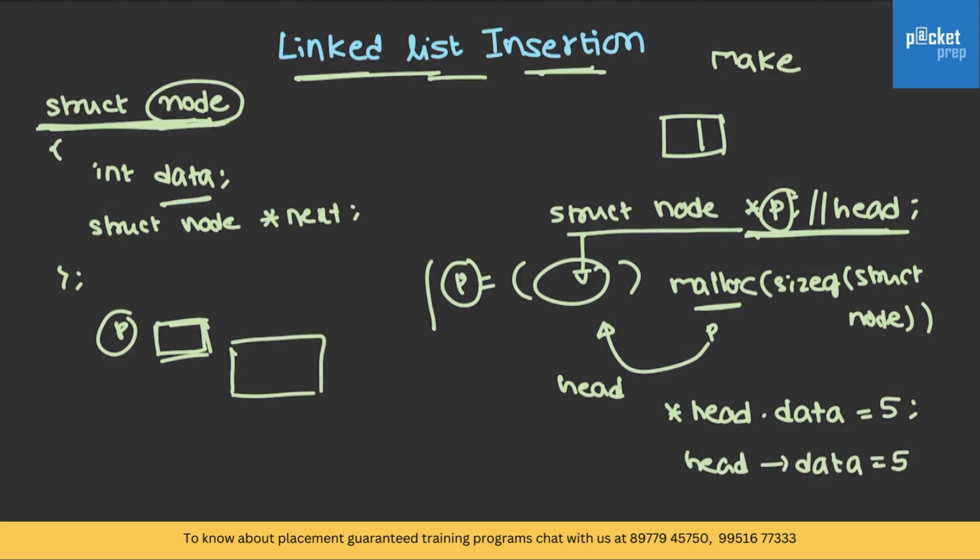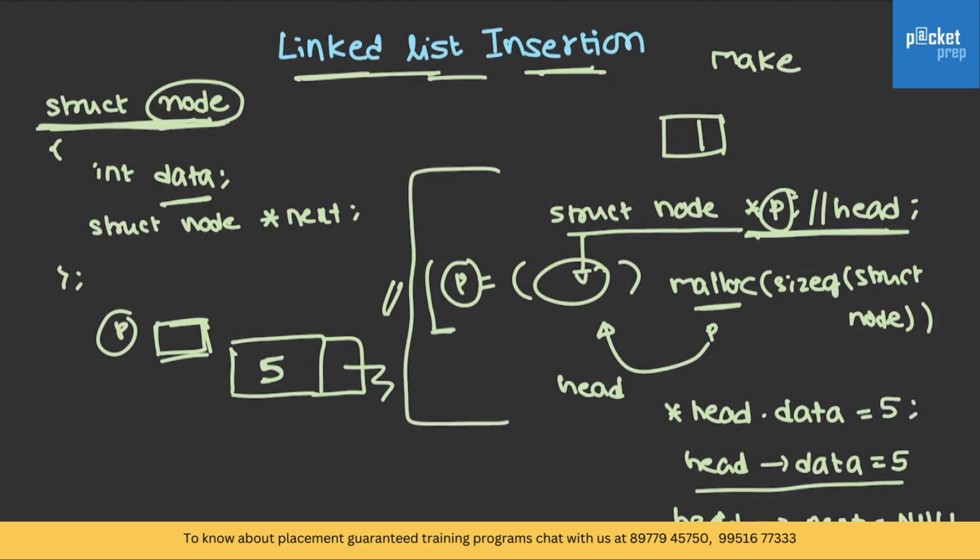So it has created a node and the memory is allocated after this statement, and you have tried to access and store the data 5. There is only one value in the linked list as of now. As the end of the linked list should point to null, we have to make head arrow next be null. In a similar way, you can actually create different nodes, and this procedure is the same for all the nodes.